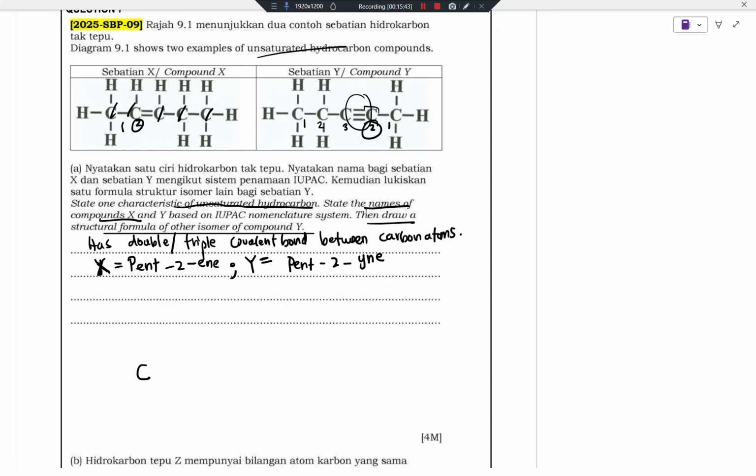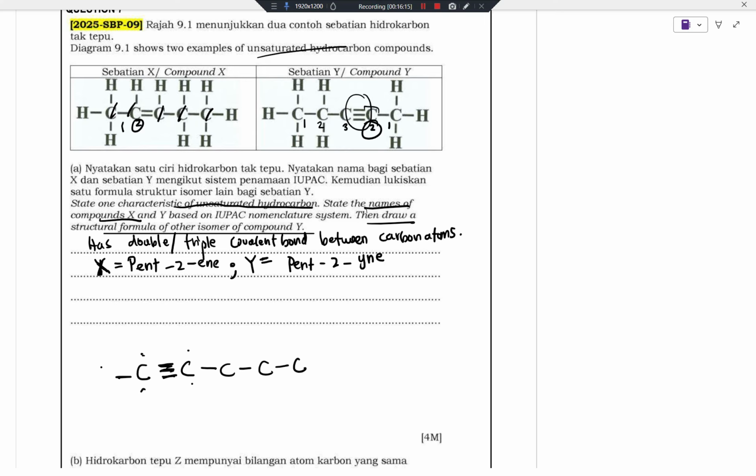Okay, easier. So maybe I draw here. 1 2 3 4 5. Okay, remember a double bond takes two places. A triple bond takes three places. When we put one extra bond, it takes two more places, two above and two below.